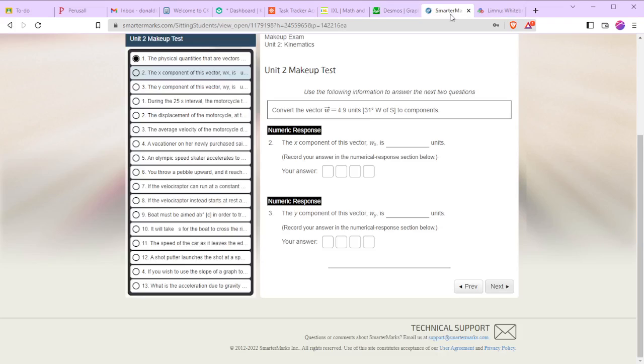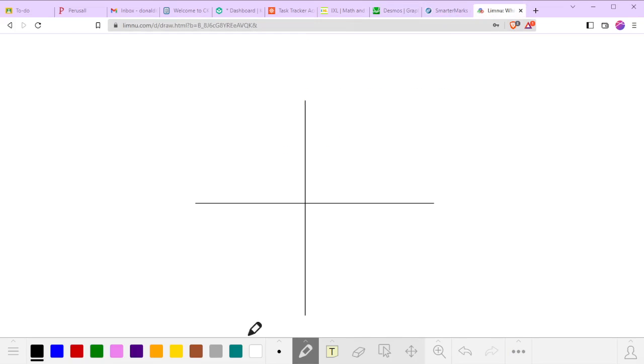So here are our axes. And our vector is 31 degrees west of south. So let's grab our vector. We start going south, we swing it up 31 degrees.